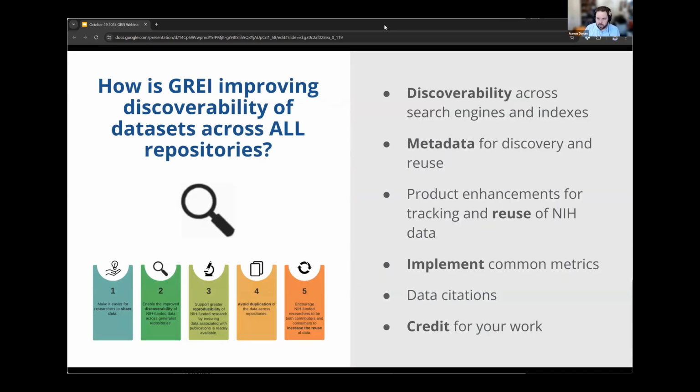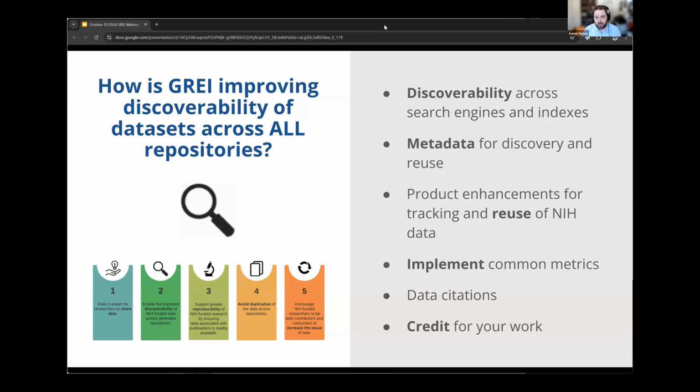So all of that's to say, how is GREI improving discoverability across all of the repositories? Again, this is where that standardization behind what we're trying to do comes in. Discoverability across search engine indexes. We all want to adopt DataCite's metadata standards.